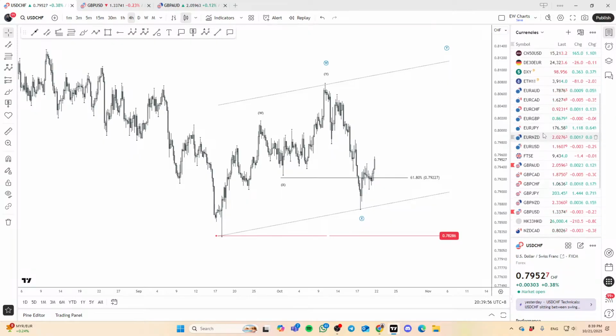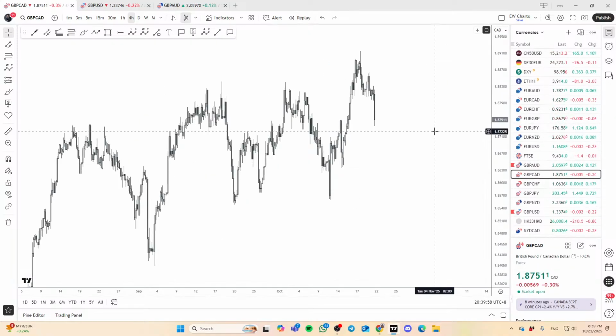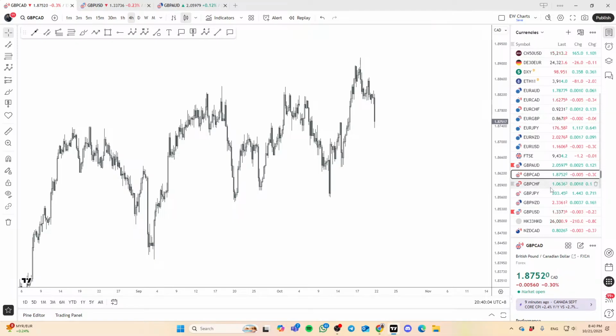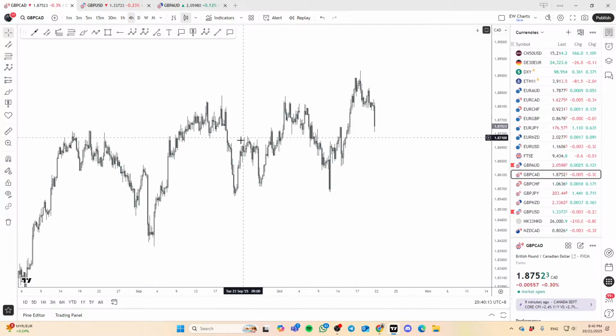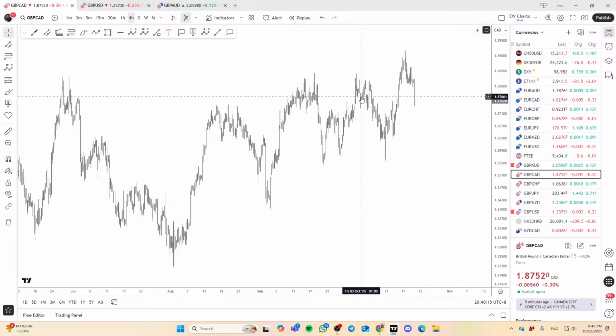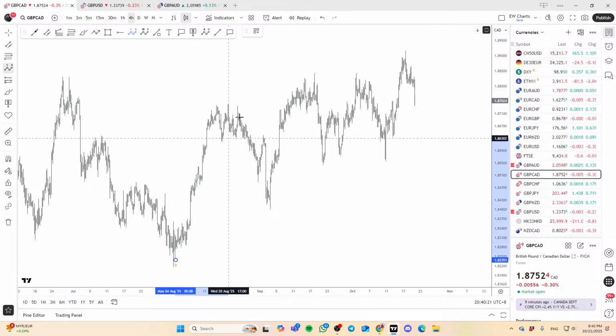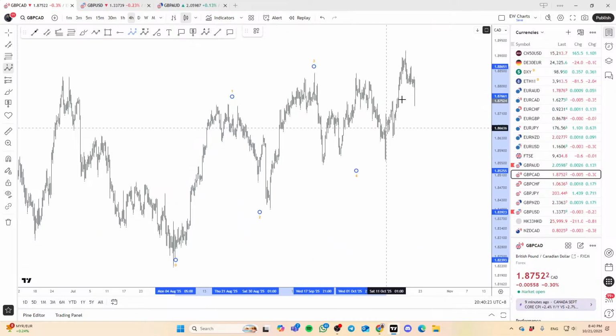Then I see Irene here asking for the Pound Cat. I do at times look at Euro Cat as well. Again, these two are pretty similar. I would say for Pound Cat right now, you would probably want to focus on the downside, because I'm seeing this as a potential 1, 2, 3, 4, 5.